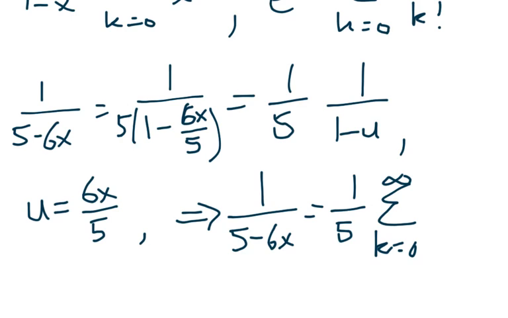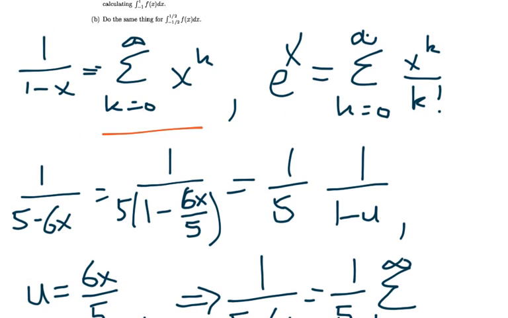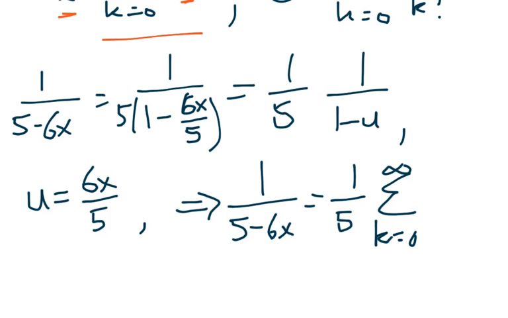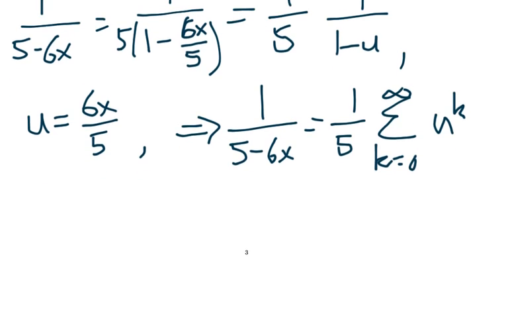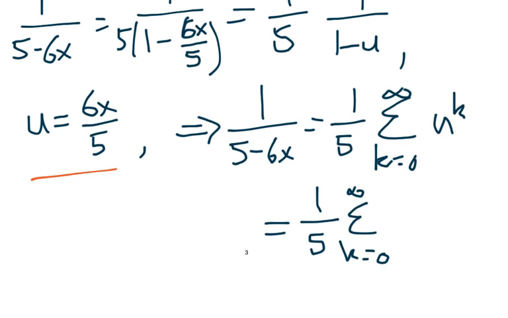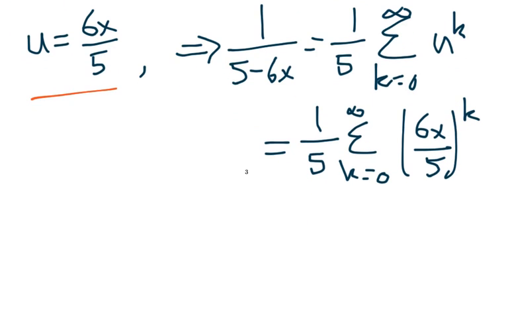And I'm going to use this result here. Instead of x, I'm going to have a u. So this is u to the k, or this is equal to 1 over 5, and now I can plug back in for what u actually is, and I find the sum from k equals 0 to infinity of 6x over 5 to the k. Now I can simplify this a little bit more.